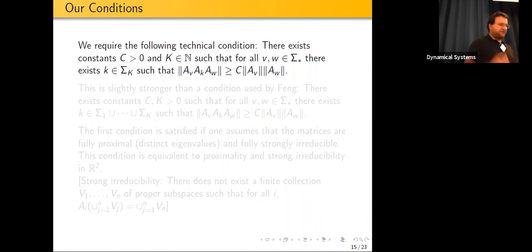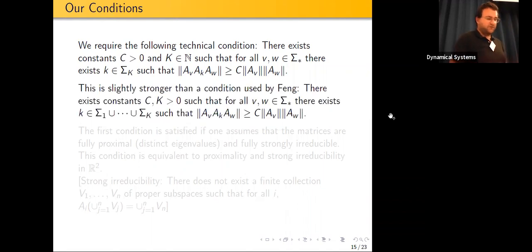And this is a modification of a result by Feng, which also arises from a natural condition on the matrices, where there's a uniform bound on this length, but we specifically need this to be one length, exactly. And in fact, if you have strictly just this condition by Feng, then it does not work. We do need this one fixed length.